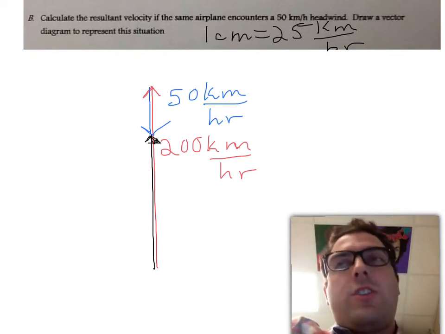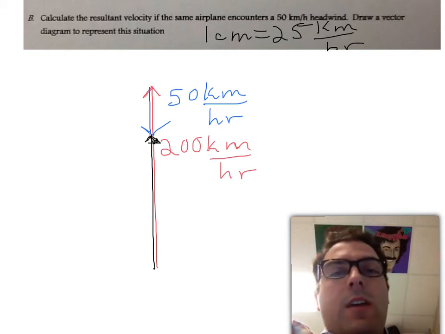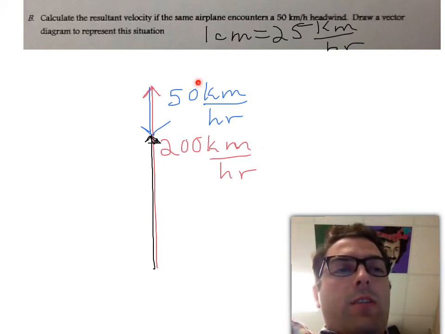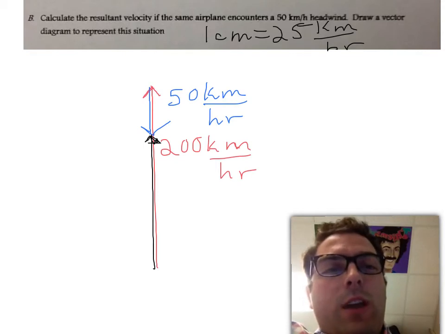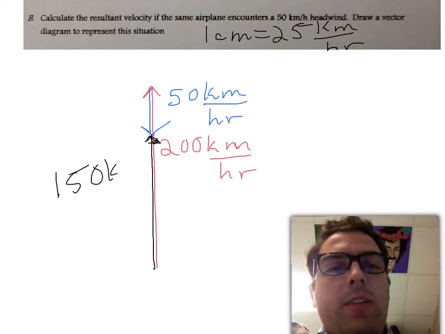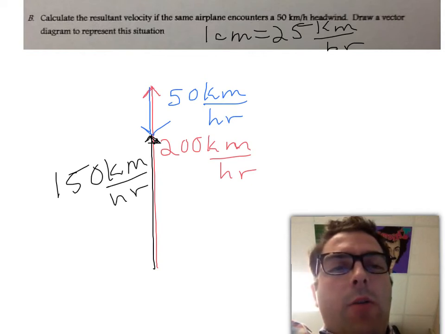And if you notice, it should be 6 centimeters long because the 200 was 8 centimeters, the 50 was 2 centimeters in the opposite direction. So altogether, your resultant vector should be 6 centimeters long, and that means that the plane was actually going 150 kilometers per hour.